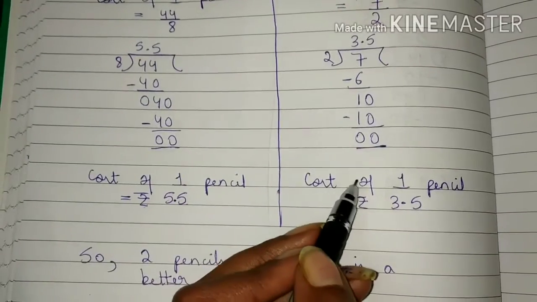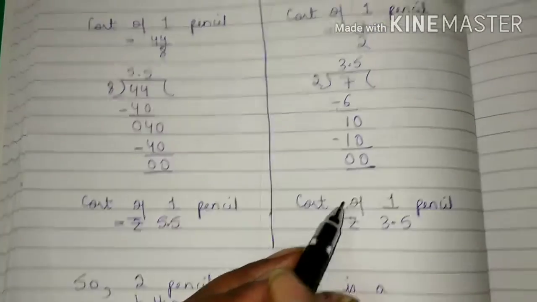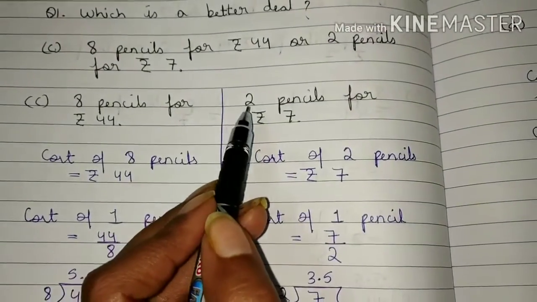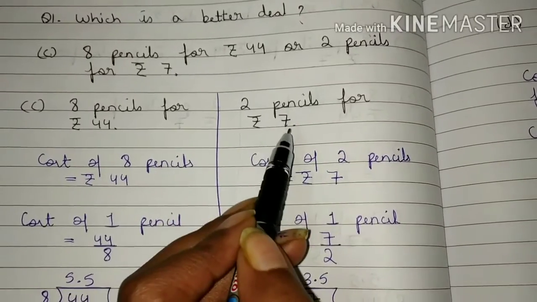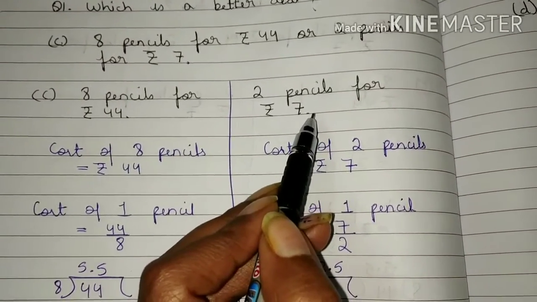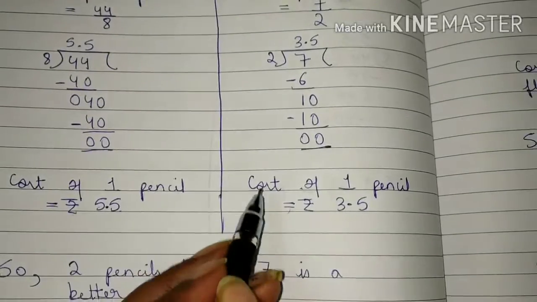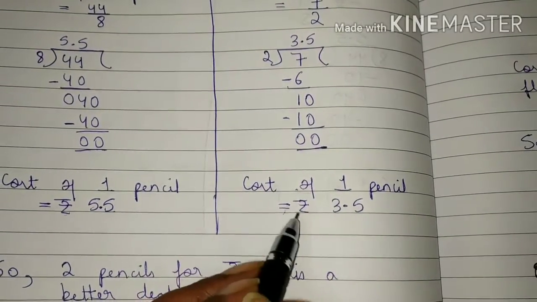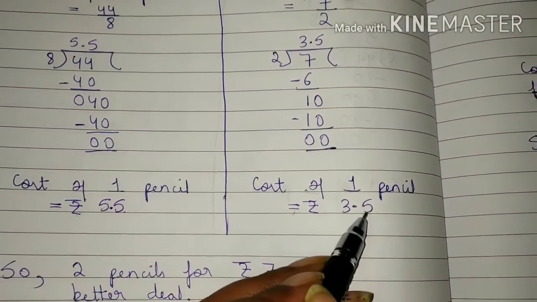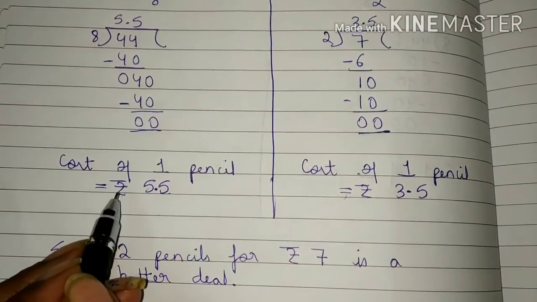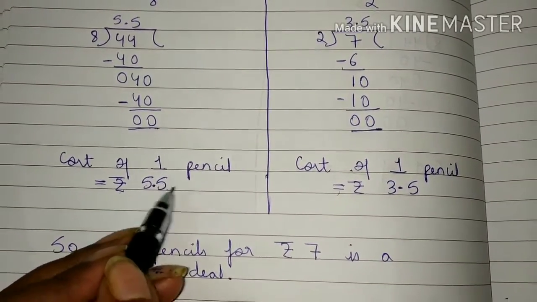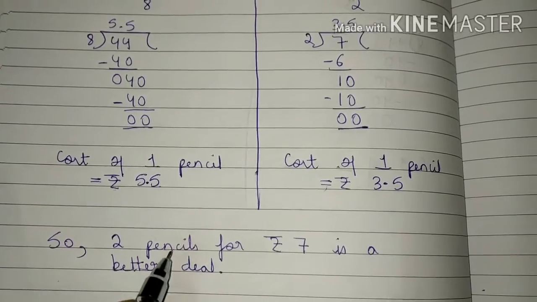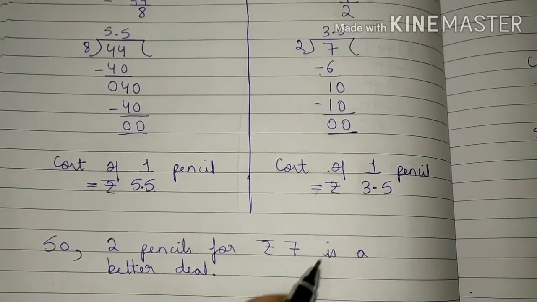So, this one is a better deal. So, 2 pencils for rupees 7 is a better deal because here cost of one pencil is rupees 3.5, which is less than rupees 5.5.